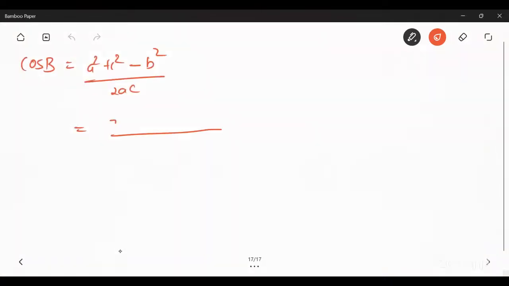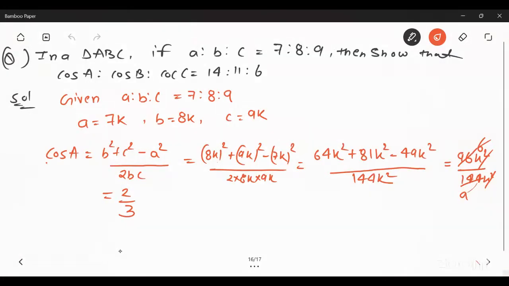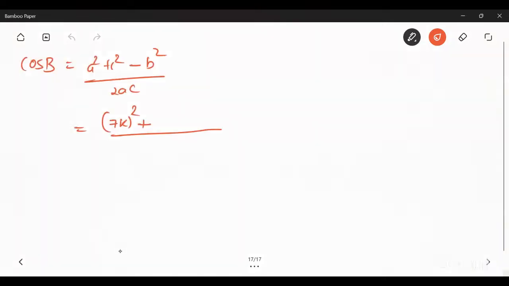So A is (7k) whole square plus the value of C, which is 9k, whole square minus (8k) whole square, and upon 2 into 7k into 9k.